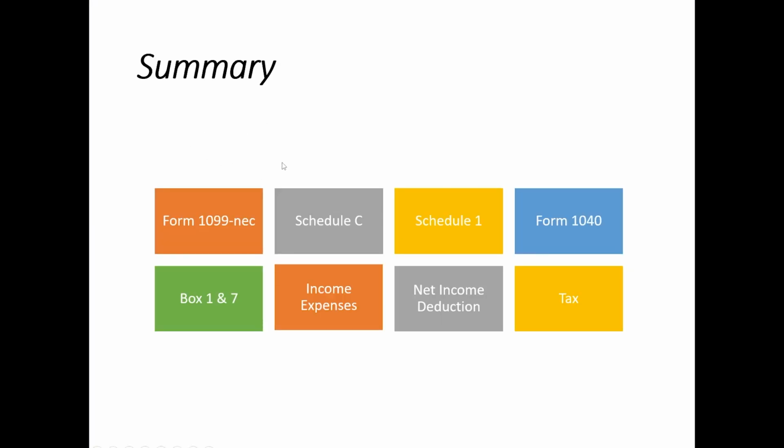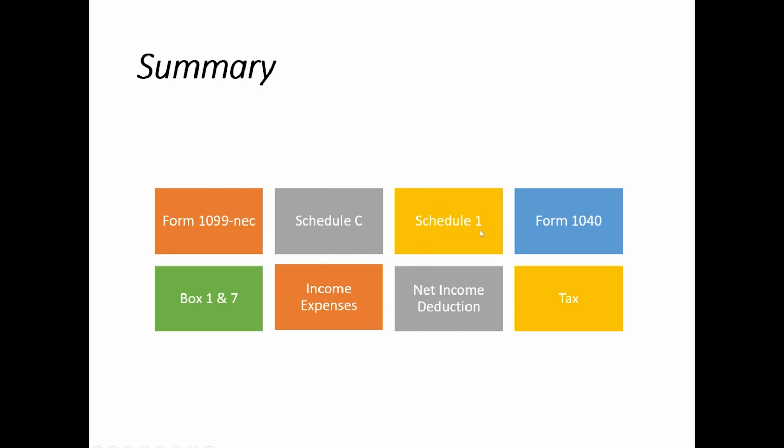So this is a summary. When you receive a Form 1099-NEC, you report it from box 1, and on Form 1099-NEC there's a number from box 1 and box 7. You pick that number and drop it into Schedule C, line 1, and include all the income and expenses related to the business. Once you come up with the net income, then we go to Schedule 1.